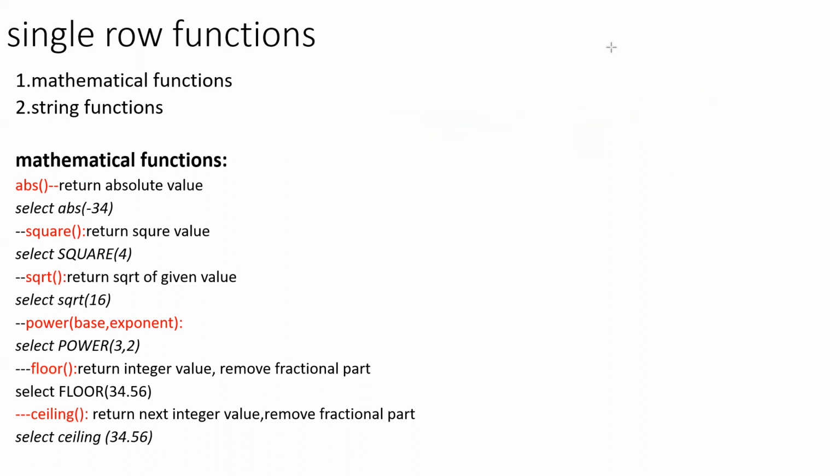Now after that we have square. Square of 2 equals 4. How can we do that? Simply, SELECT is the common keyword or command, and use SQUARE in the parentheses. Parentheses are compulsory because in Python functions also we use parentheses.